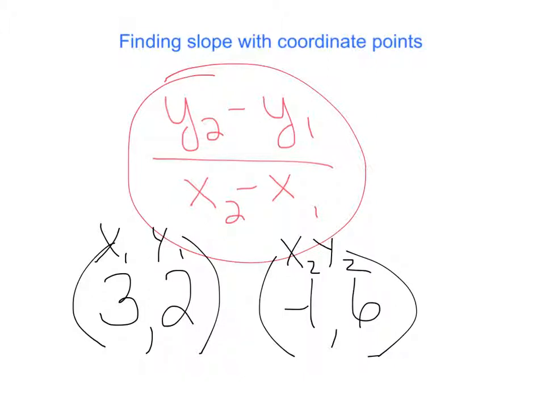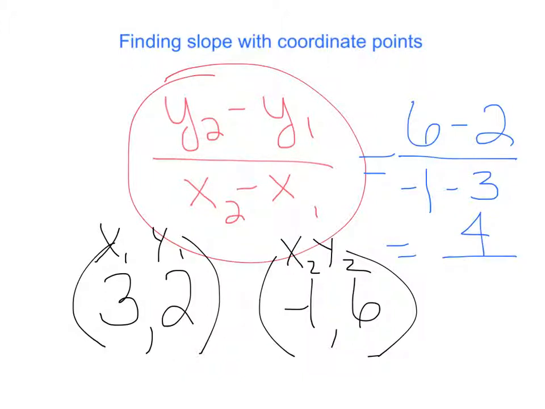So you plug those numbers into the equation. The y2 is 6, the y1 is 2, the x2 is -1, and the x1 is 3. So this would be 4 over -4. So the slope of this line would be -1.